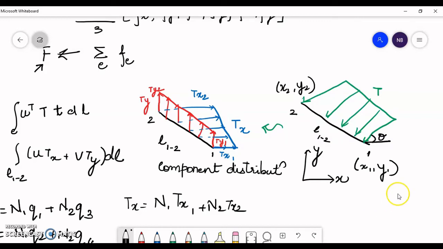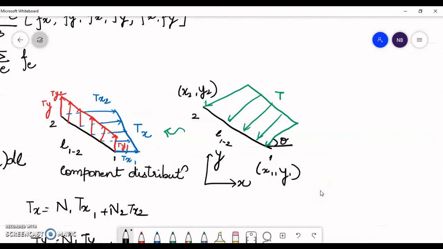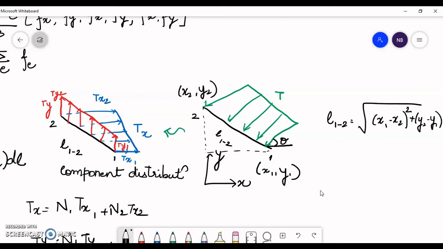If we need to find out the length of 1 2, it will be the square root of (x1 minus x2) the whole square plus (y2 minus y1) the whole square.